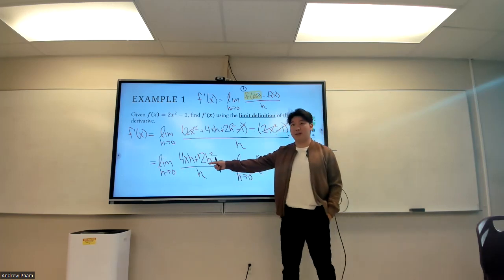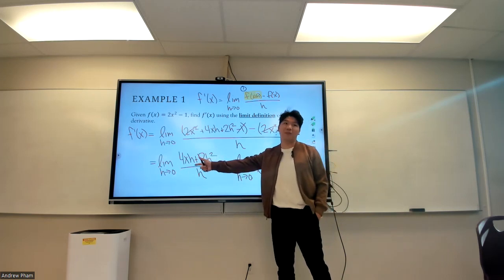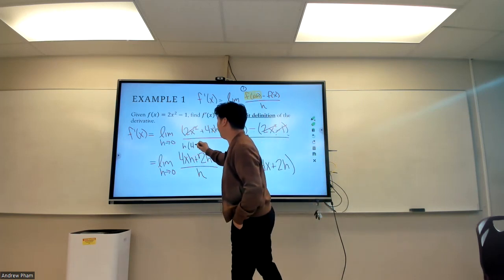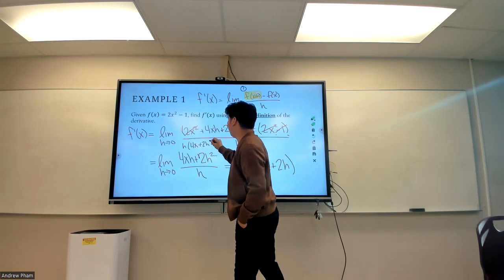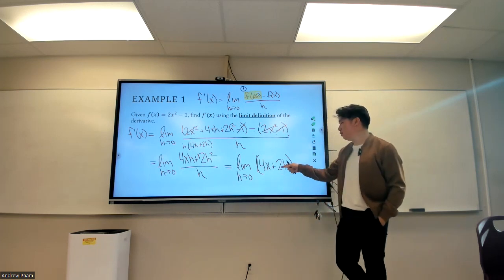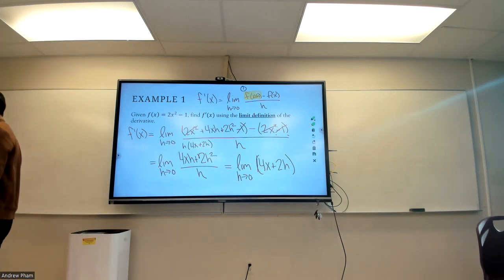I could factor an h out from the top, and that would leave me with h times 4x plus 2h. I'm using the fact that this h and this h can cancel each other out, leaving me with this right here. So this is all according to plan. The plan was that somehow that h on the bottom would go away. So now I can finally evaluate the limit.